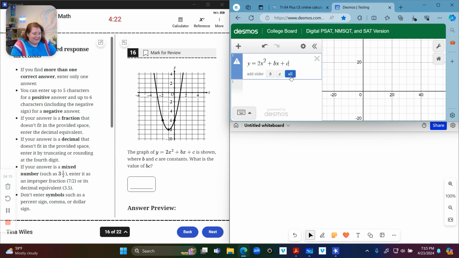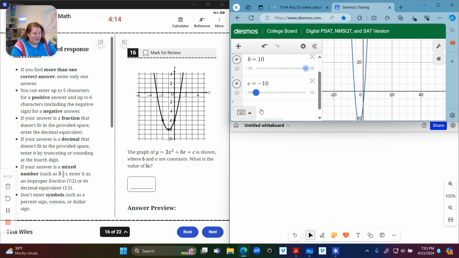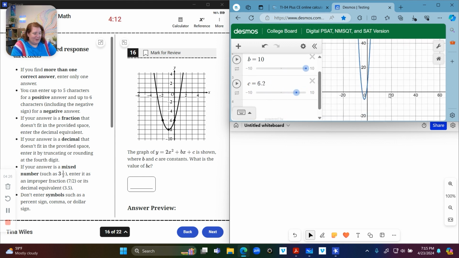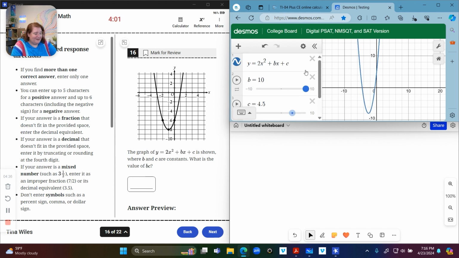B and C are constants. Oh, I probably should have read the whole question. So I could try to move this over, but you could see I could be playing around with it for quite a while, trying to get exactly what it is.